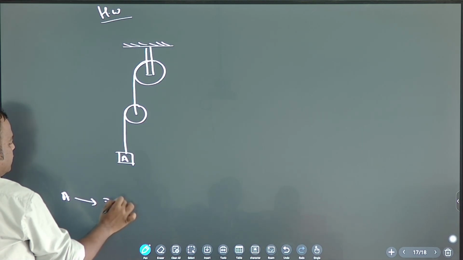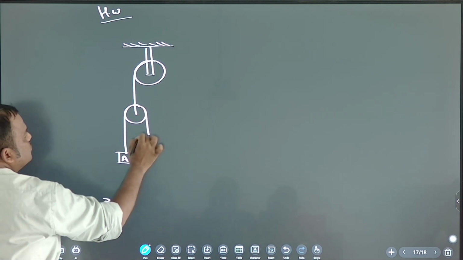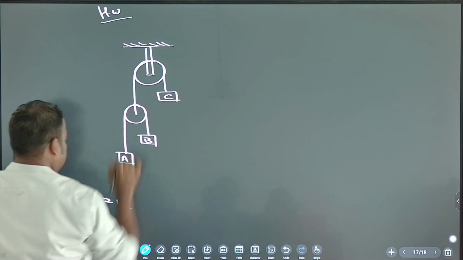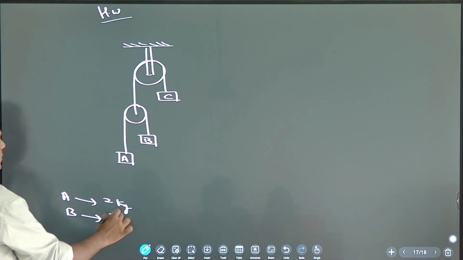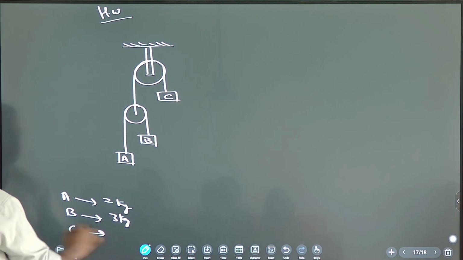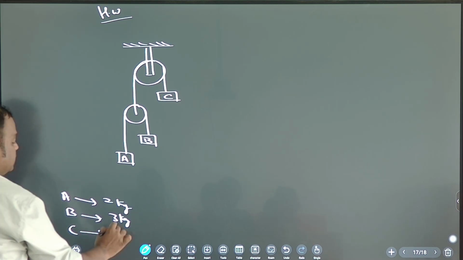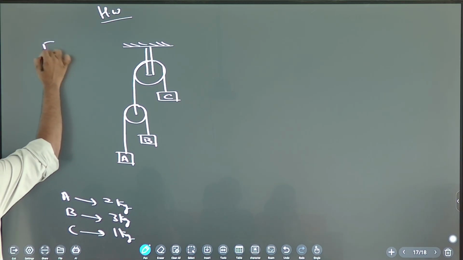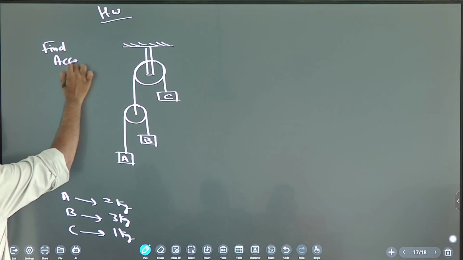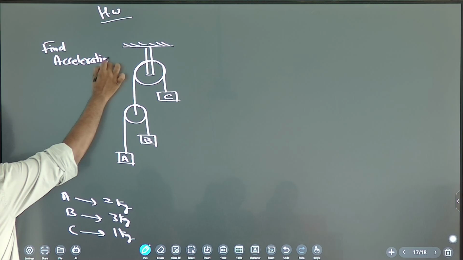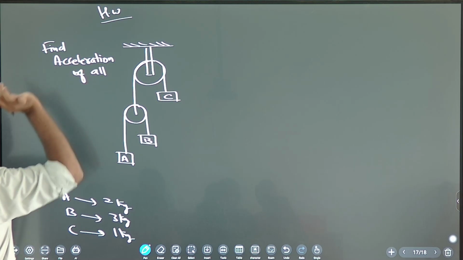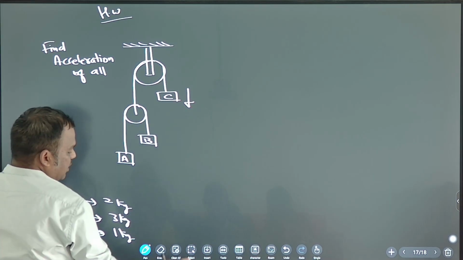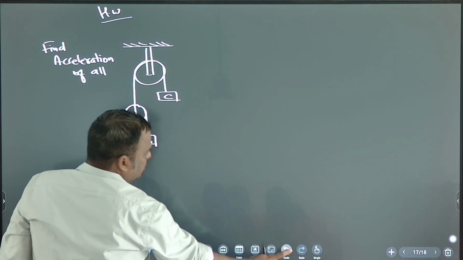Mass of A is 2 kg, mass of B is 3 kg, mass of C is 1 kg. Find acceleration of all. You can assume like this. If C is going up, you can assume up or down, both you can assume.